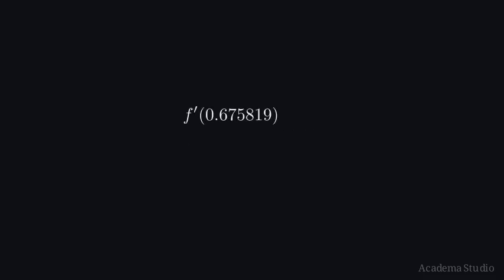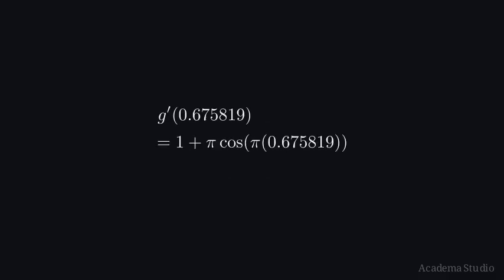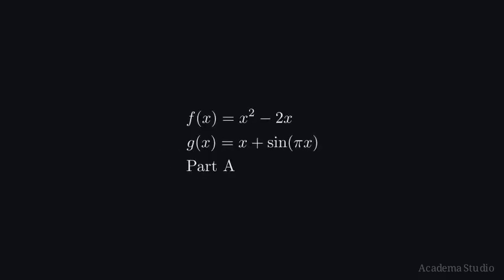The slope of f at this x is approximately -0.648362. The slope of g at this x is also approximately -0.648362. The slopes are the same, so the tangent lines are parallel.